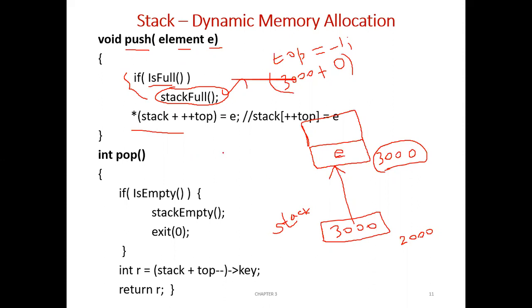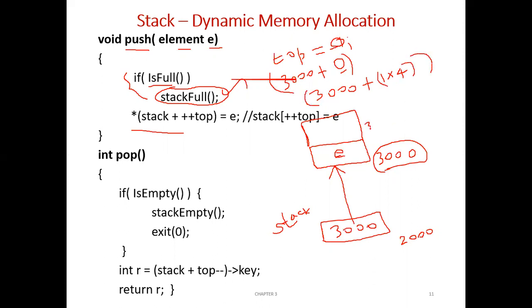Okay, now if you try to push another element, what will happen? Stack is again 3000 plus plus top. What is top now? Top is now 0, no more it is -1, now 0. So now it will be 3000 plus, previously top is 0, now plus plus top becomes 1. Okay, 3000 plus 1 into 4, that is scale factor is 4 because each element occupies 4 bytes. So 3000 plus 1 into 4 is nothing but 3004.